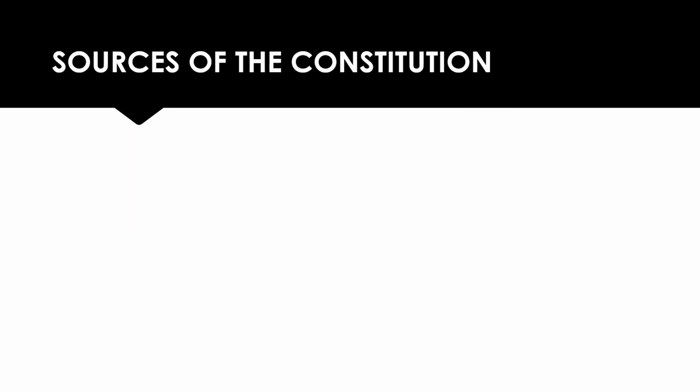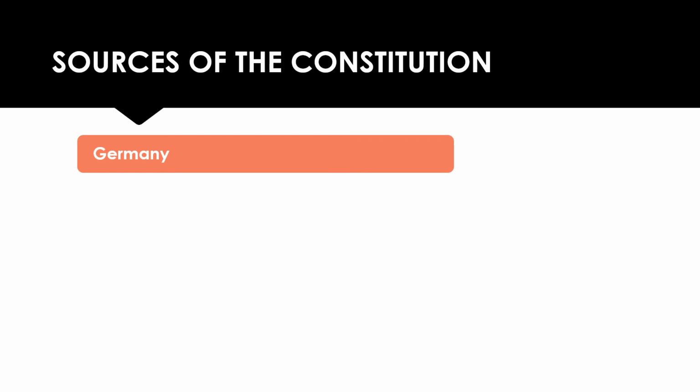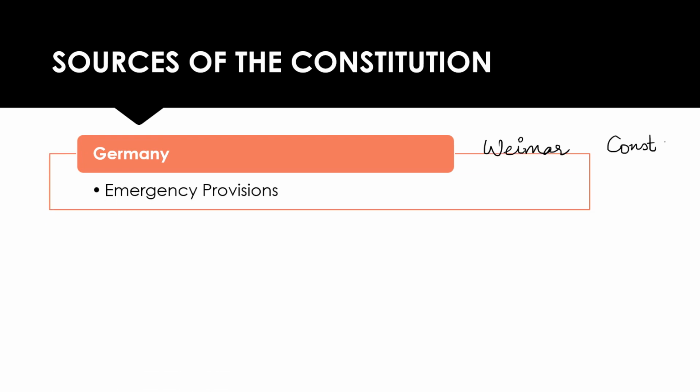Likewise, we look at some more sources. For example, Germany. Now, the German constitution is also called the Weimar Constitution. So from Germany, we received the emergency provisions. Now, what is an emergency? An emergency is basically a situation, a pressing situation, because of which the constitution starts to behave differently, which means the governance of the country changes because of the situations that are prevailing.